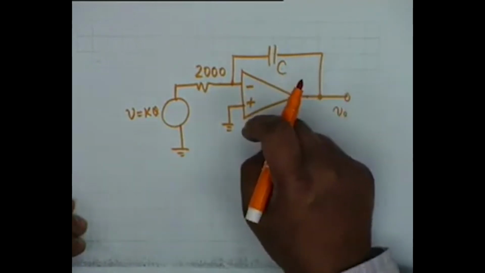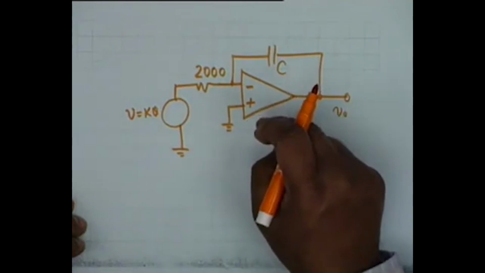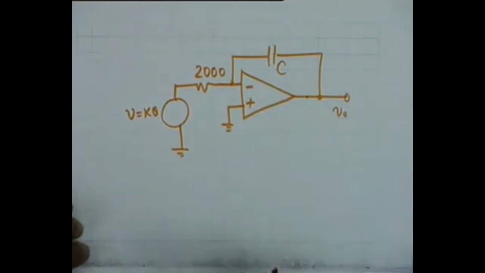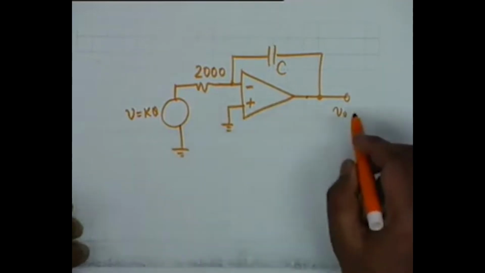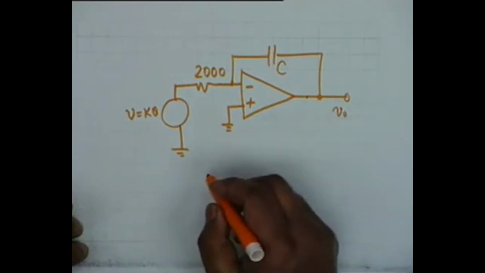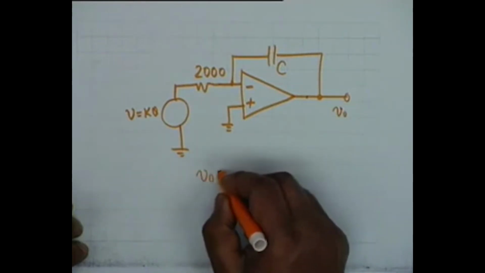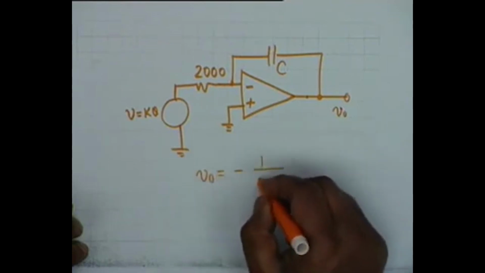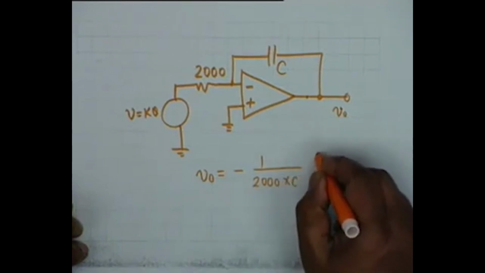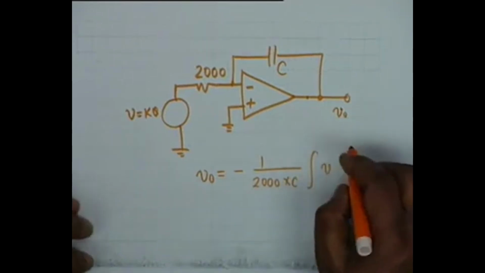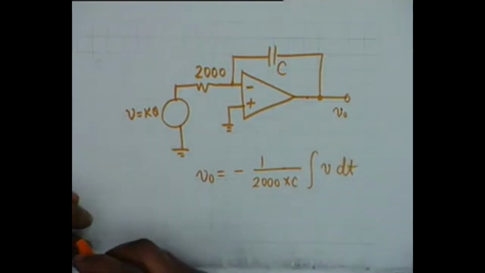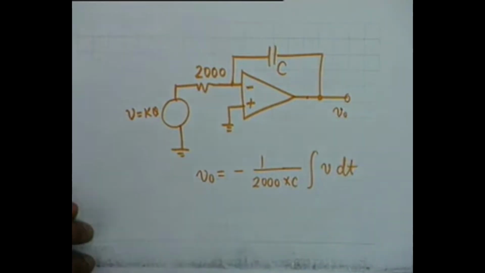You could not do this with positive feedback. This is a practical point and you must remember this. Now the point is that V0 is the result of an integration. You notice that in this circuit V0 is equal to minus 1 over RC, that is 2000 multiplied by C, integral V dt.